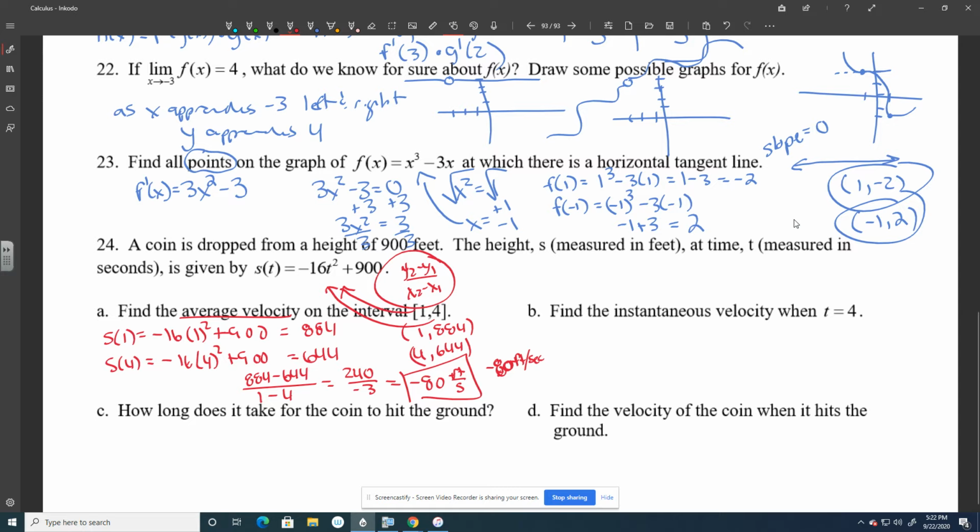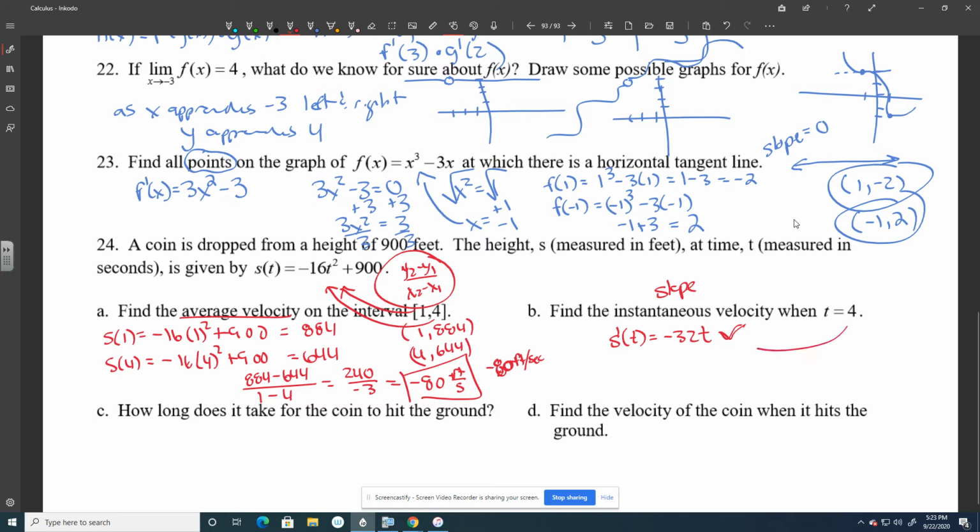Find the instantaneous velocity when t is equal to 4. So instantaneous velocity is that slope of my tangent line. So this one, we do want to take the derivative. So the derivative of s is going to be, drop the 2 down, that's negative 32 times t. The 900 goes away. So this is my derivative formula right here.